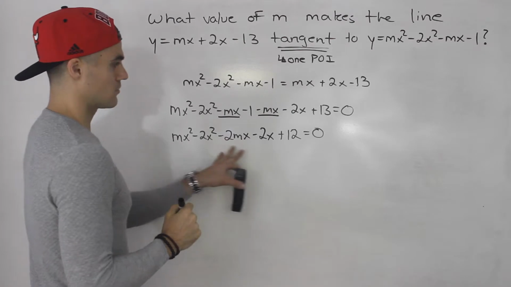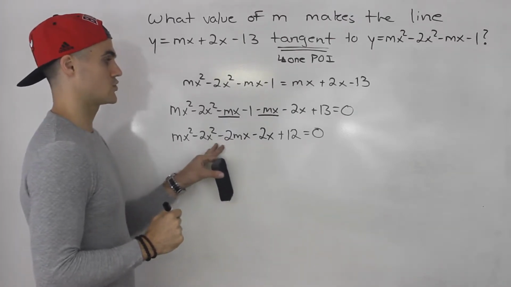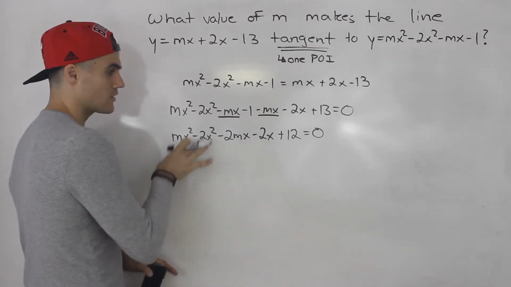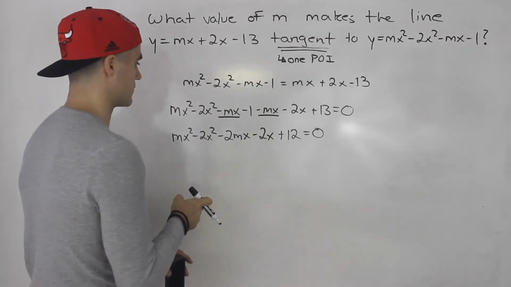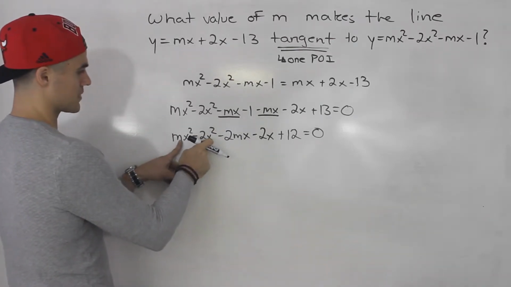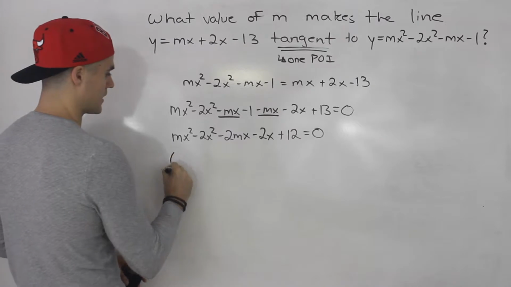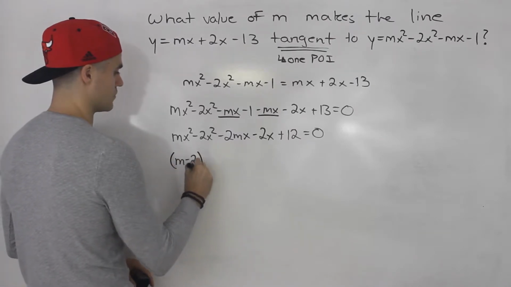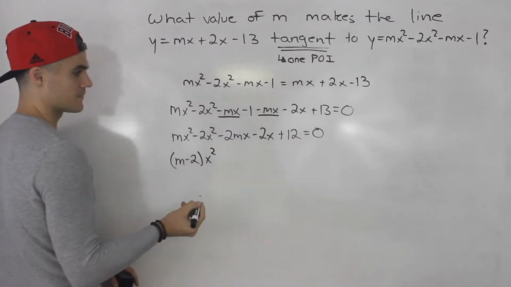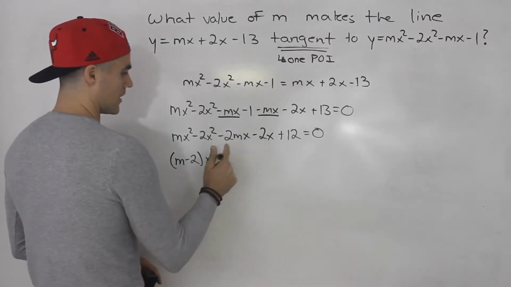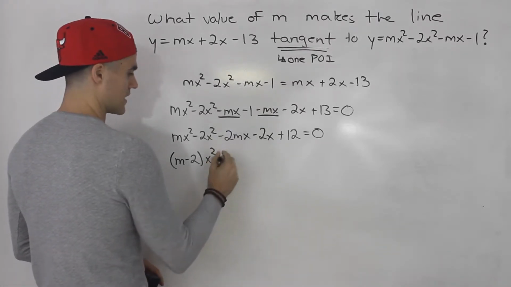And then from here, if you remember, you want to make this look like a quadratic. So you want to have an a value, a b value, and then a c value. So from these two expressions, we could take out an x squared. So we'd have m minus 2 x squared. From these two, we could take out an x.